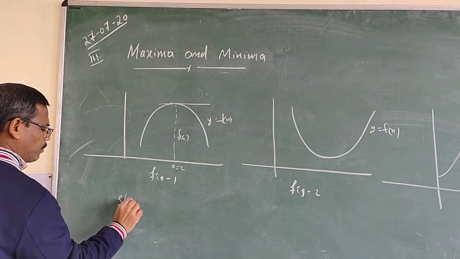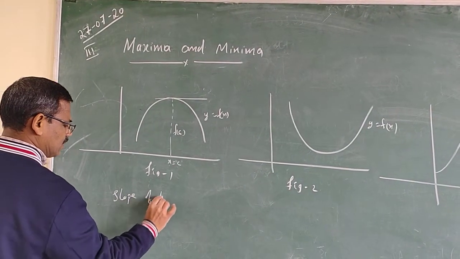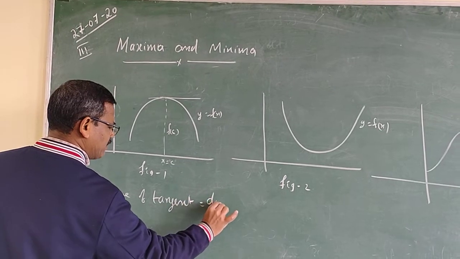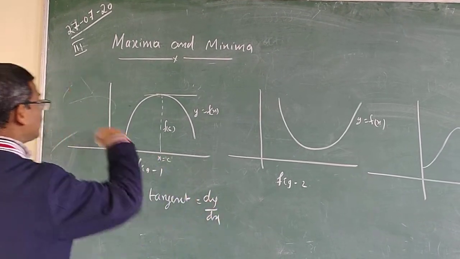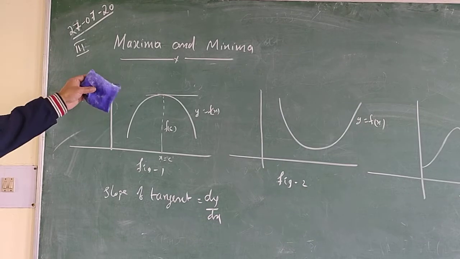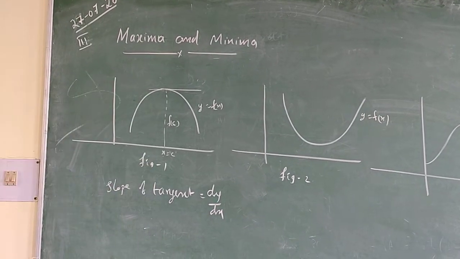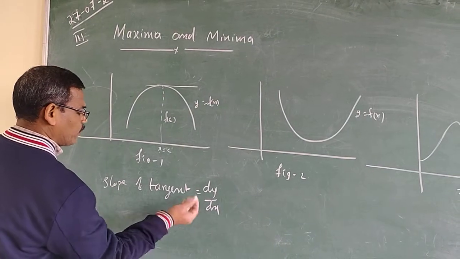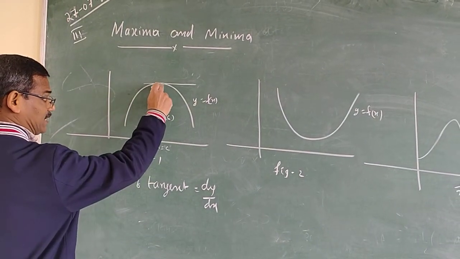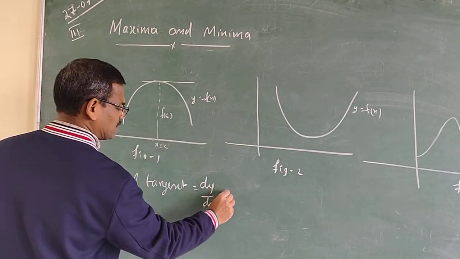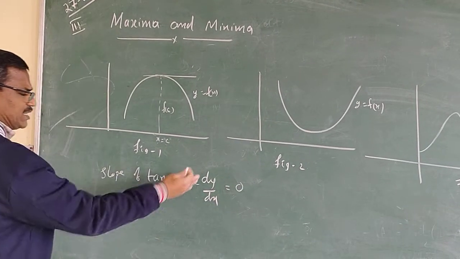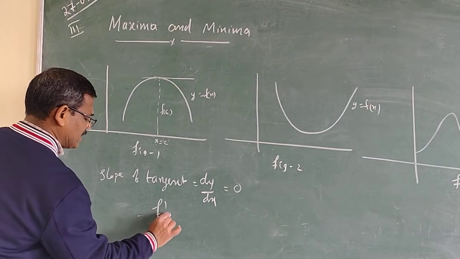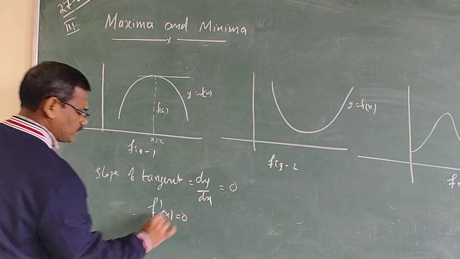And we know that the slope of the tangent is dy by dx. That is why the derivative is useful for finding the maxima and the minima. The slope of the x-axis is equal to 0. So you can see that at the highest point dy by dx is equal to 0, or in another way we can say that f dash is equal to 0.